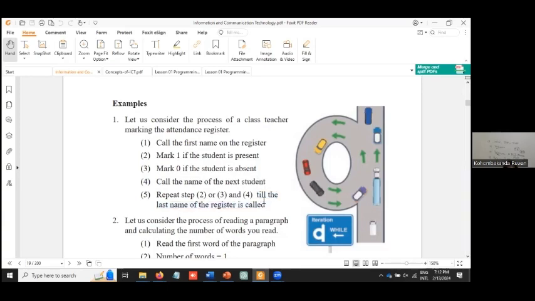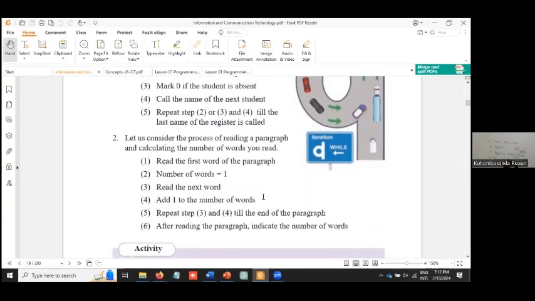Next example. Let us consider the process of reading a paragraph and calculating the number of words you read. First, read the first word of the paragraph. Then number of words equals 1. Then read the next word and add 1 to the number of words.